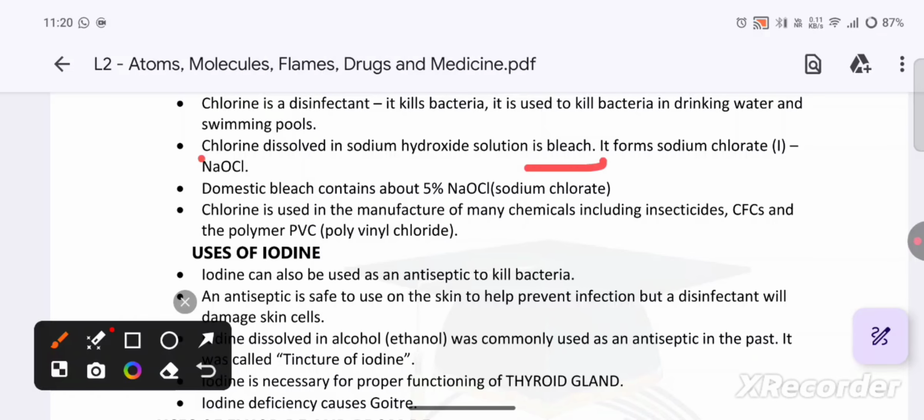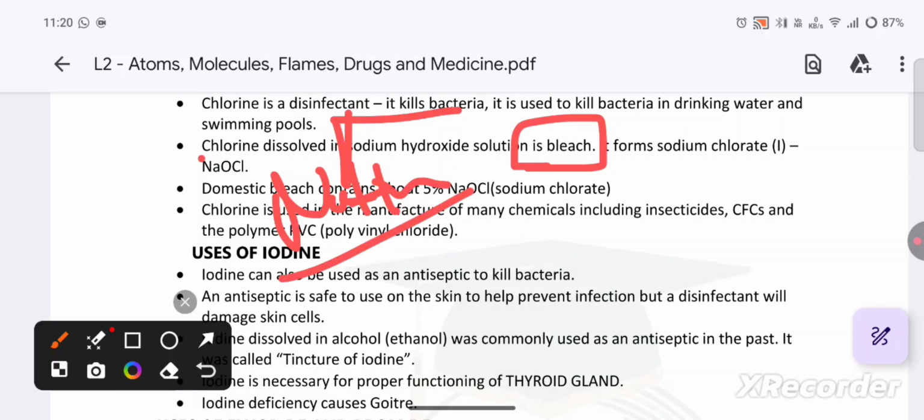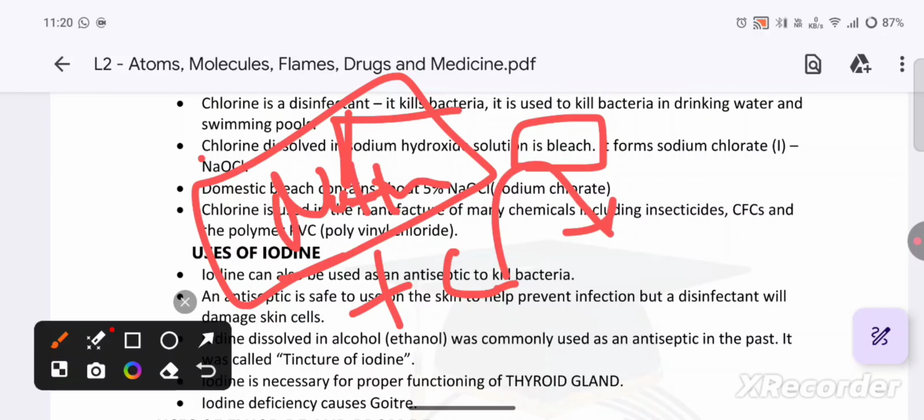That is called bleach. Sorry for that. Take salt plus water, and chlorine is going to bleach.